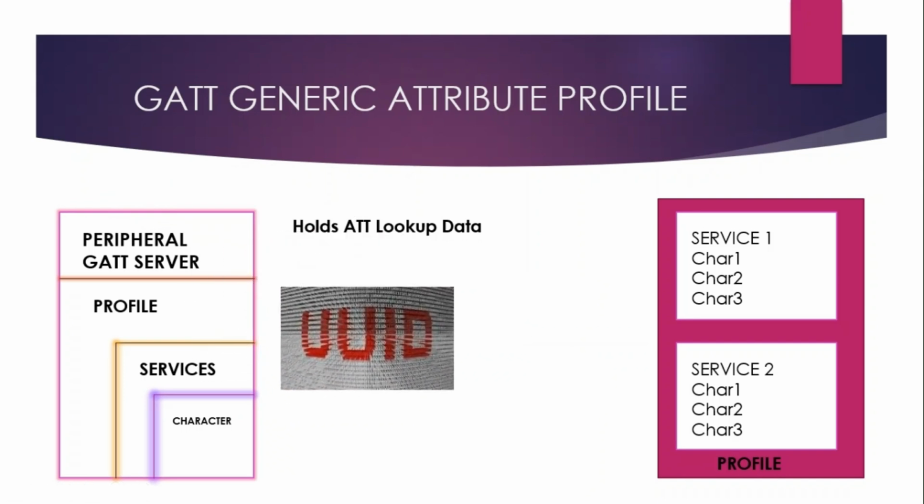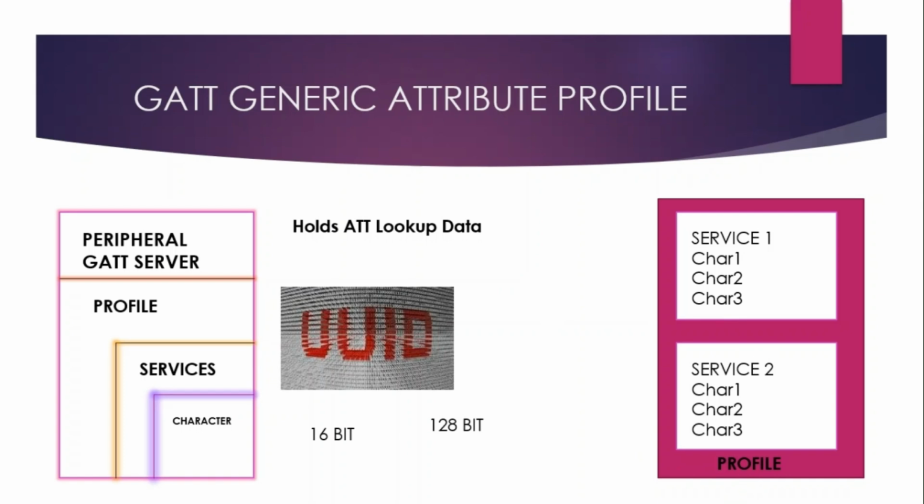This service has a UUID. Everything has to have some UUID which uniquely identifies that service. We all have our own names which uniquely identify us and differentiate us from other persons. Similarly, every service will have a UUID which distinguishes it from other services. This UUID can be 16-bit or it can be 128-bit.